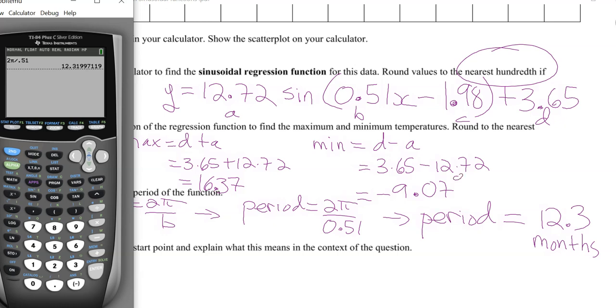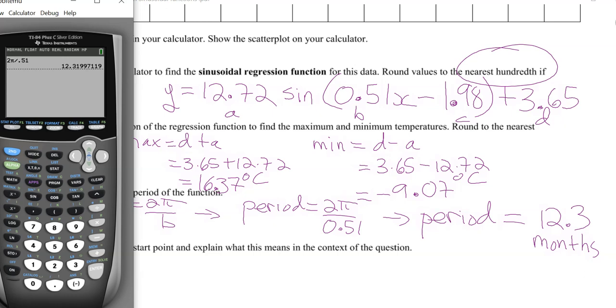But now that you mentioned degrees, the min and the max will be in degrees Celsius. So anything to do with D and A is up-down, which is temperatures. Anything to do with B or C is left-right, which is months. Okay, so when we get the period, because we use the B value, that's months, right?